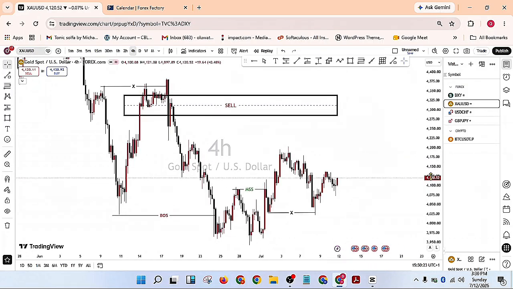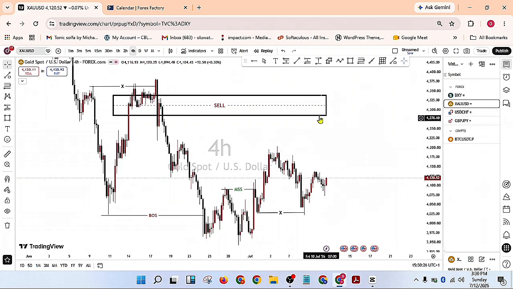But anything that will make me buy now, I must ensure that this move we have here on 4 hours breaks this place. If we can break this, I will look for an entry to continue the buy.